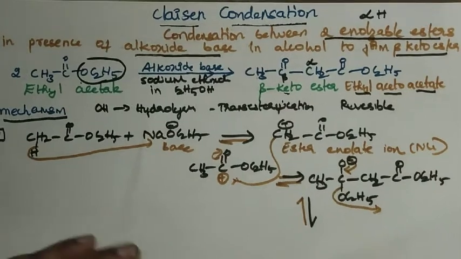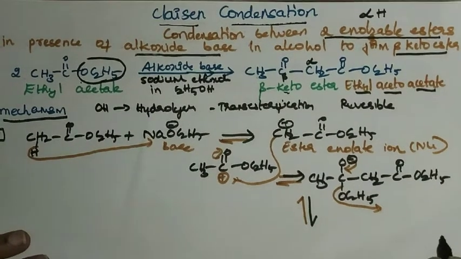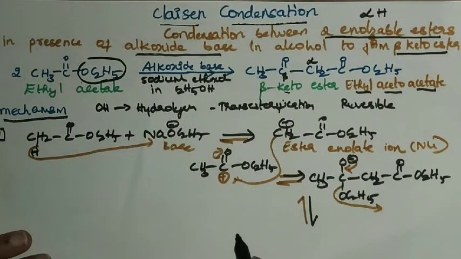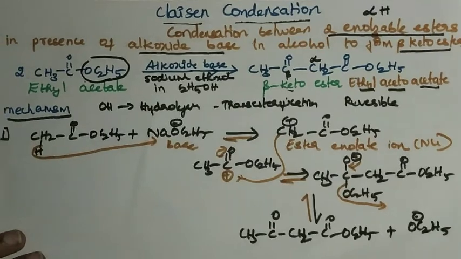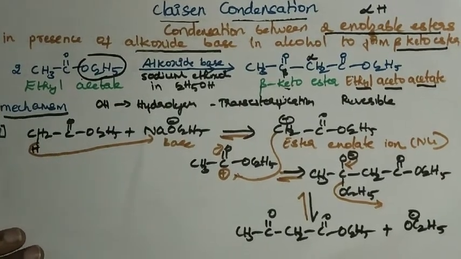So now we got the keto group there. See this CH3, C double bond O, CH2, C double bond O, C2H5, plus ethoxide ion leaving. So this is obtained from the third step when ethoxide ion leaves.